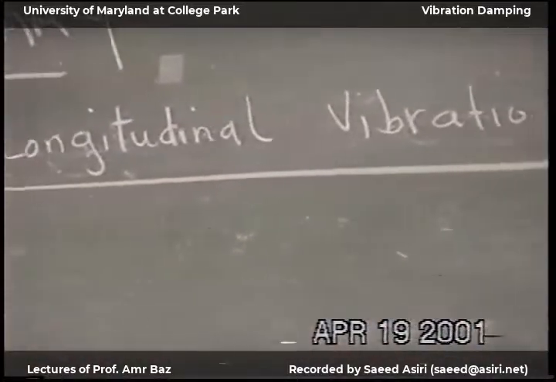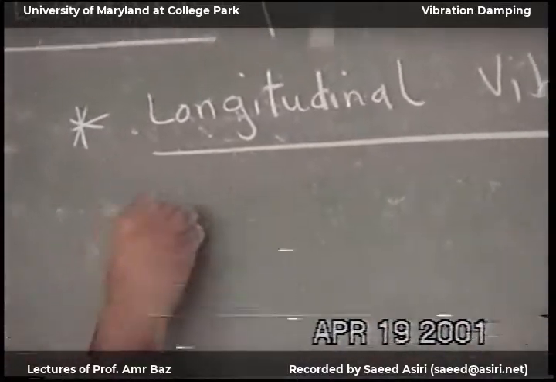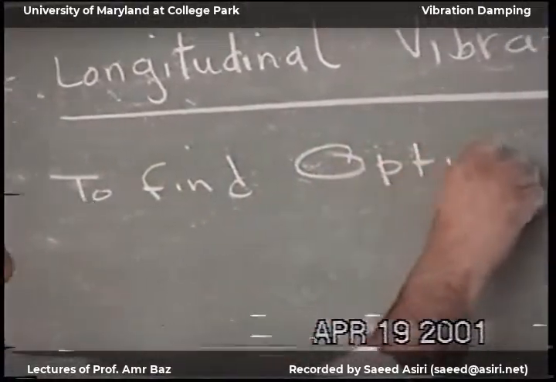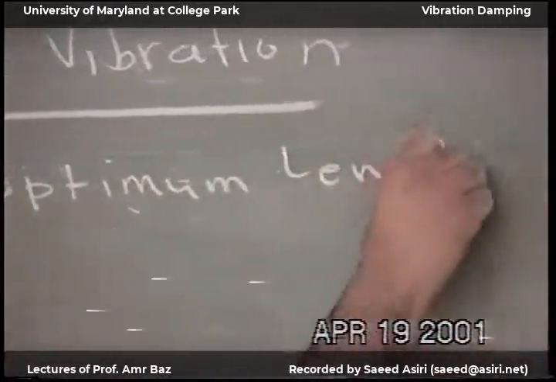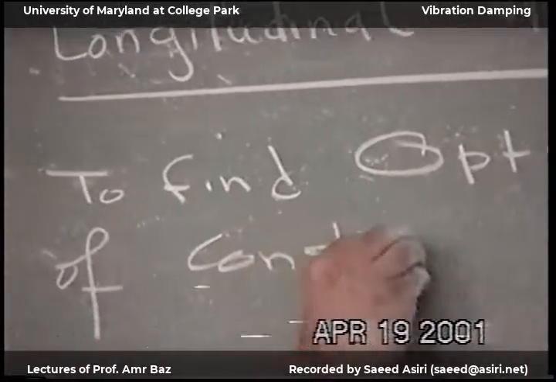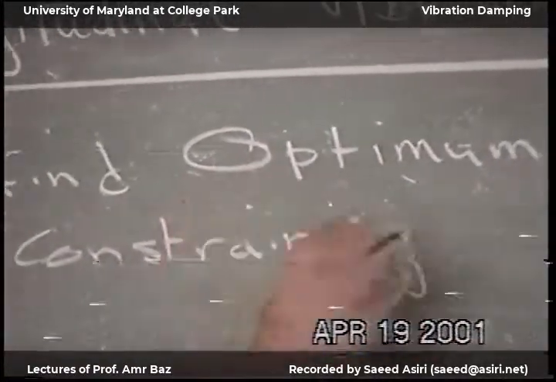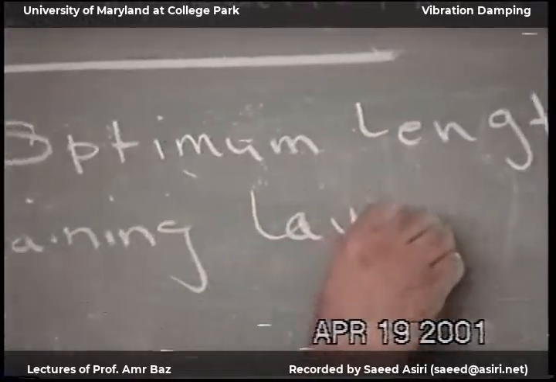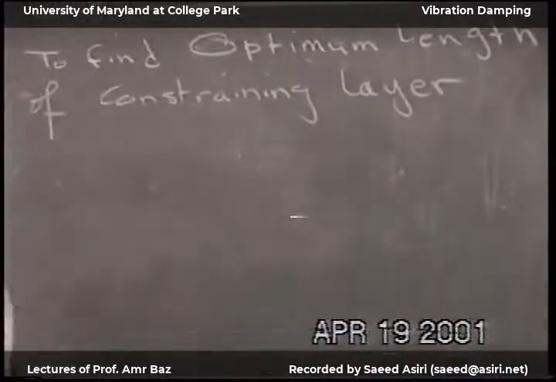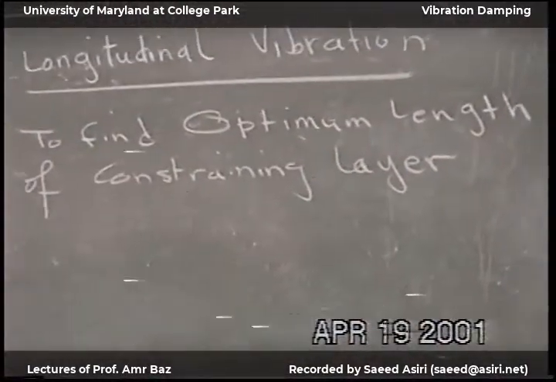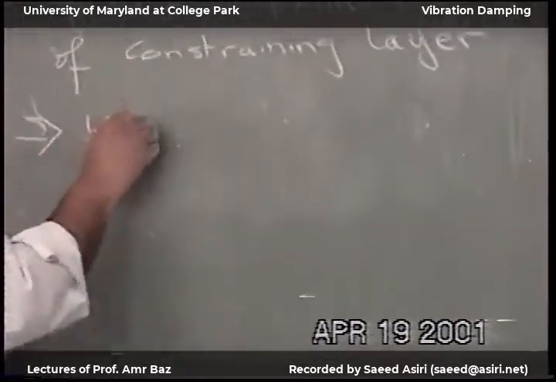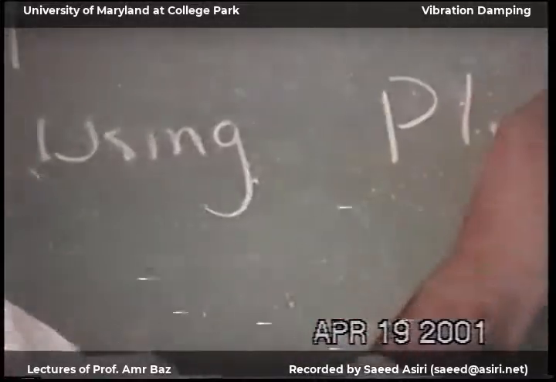And the main purpose of all of this was to find the optimum length of the constraining layer. And this was following Plunkett and Lee paper.